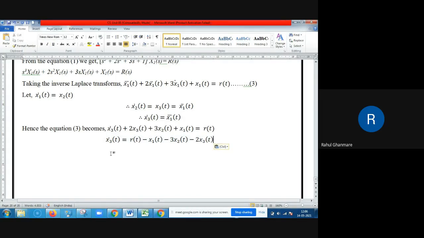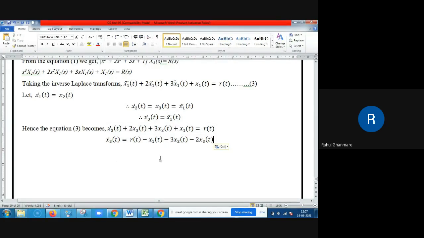Similarly, you have the values x2 dot and x1 dot. Now what we need to do is write this complete equation. Here we have this set of three state equations, and we need to put them in matrix form.